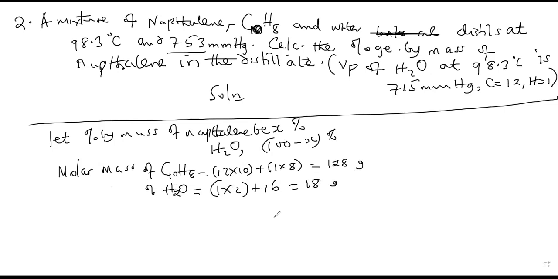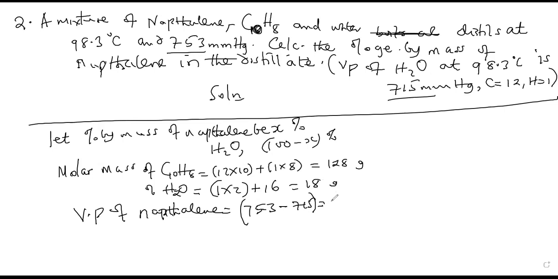These are molar masses. We've been given the vapor pressure of water as 715, and therefore we can get the vapor pressure of naphthalene by getting the one at which the mixture distills, 753, minus the one of water, 715. And this one will give us 38 millimeters of mercury.